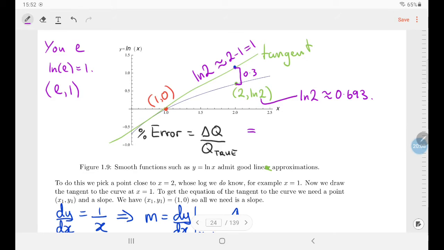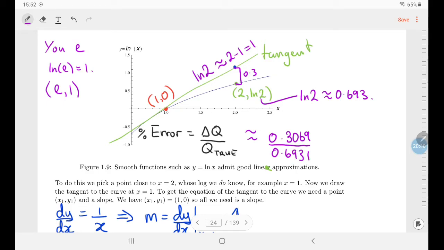So for example, for the approximation of log of 2 using the tangent line, the difference between these is, I'll use the calculator for this. The difference between 1 and log 2 is, I'll use 4 significant figures, 0.3069. And I don't divide it by the approximation, I divide it by the true value, which again, I'll use 4 significant figures, 0.6931.